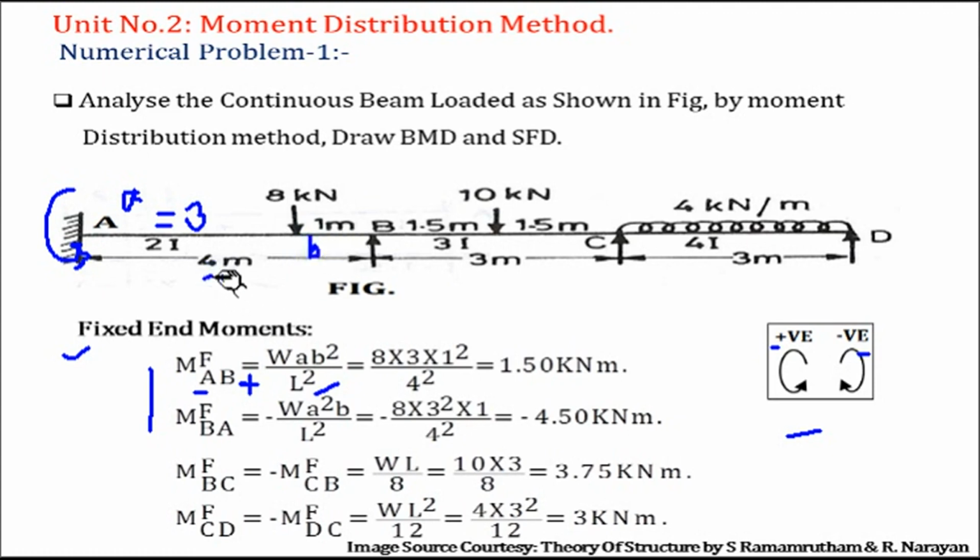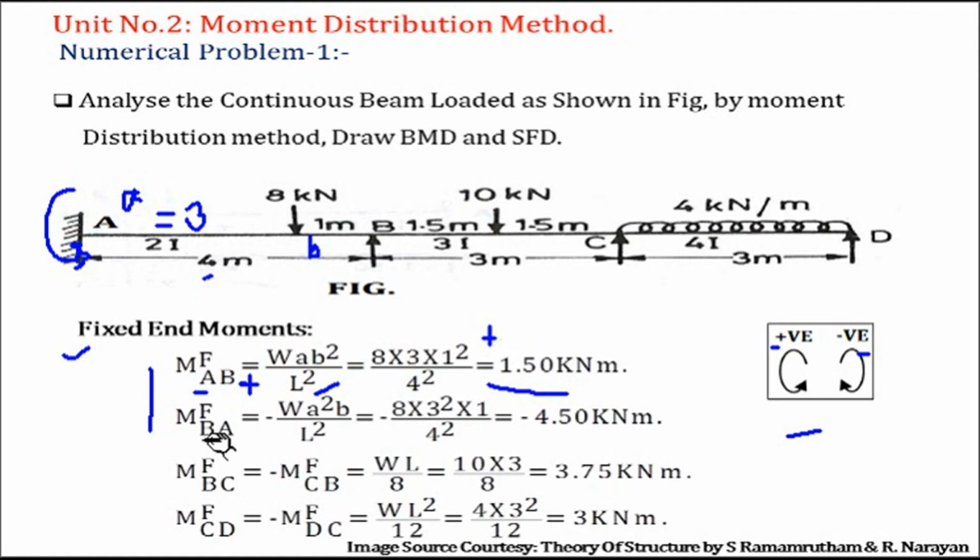Total span is 4 meter. Putting W is 8, a is 3, b square is 1, and L square is 4 square, so it is equal to 1.50 kN/meter. Anticlockwise, so moment is positive.